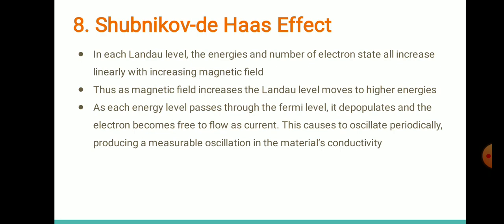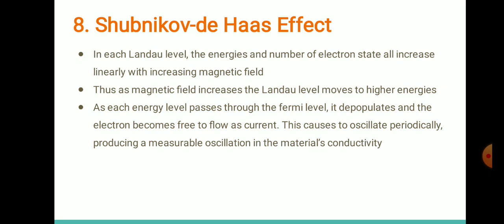What happens is this energy level loses its electrons, or depopulates, and these electrons are now free to conduct, or these electrons now flow as current. This causes our electrons to oscillate periodically and produces a measurable oscillation in the material's conductivity.